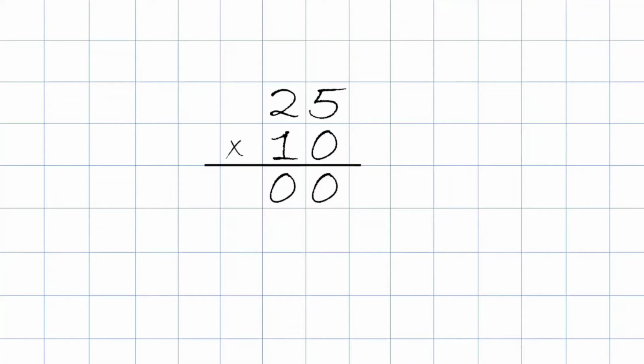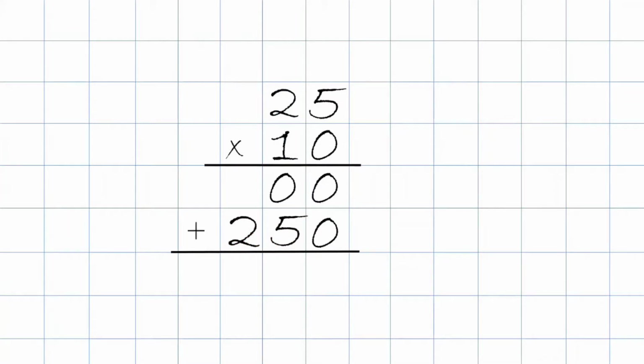The next thing we do is put a 0 right up here. And then we go 1 times 5, and the answer will be 5. Then we take 1 times 2, and the answer will be 2.